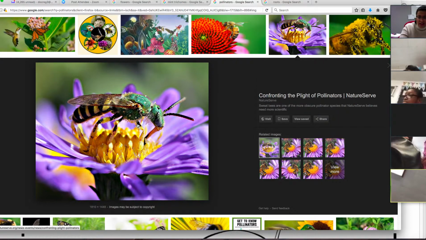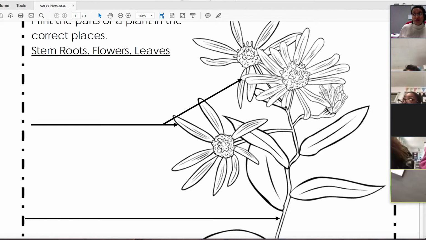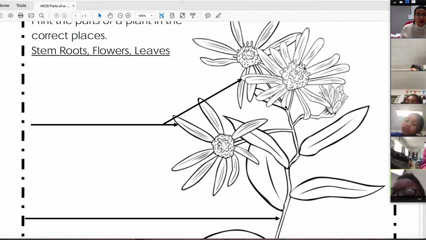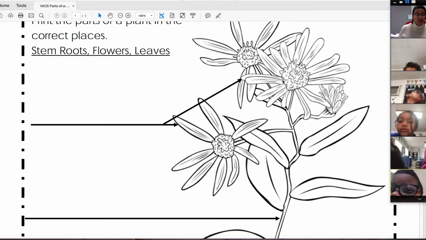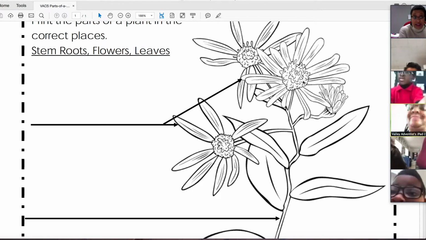This is actually a different kind of bee, all right? But you get the idea. So our flowers are important so that we can then transfer pollen and the plant can make a fruit.